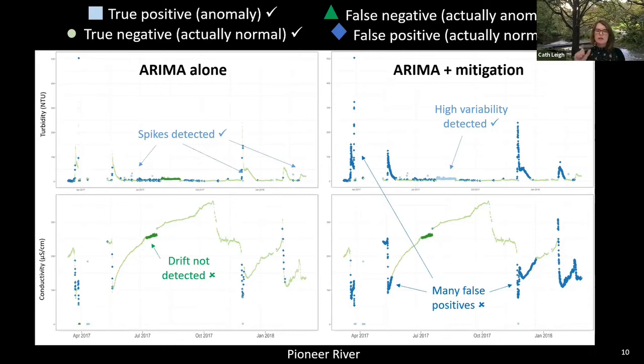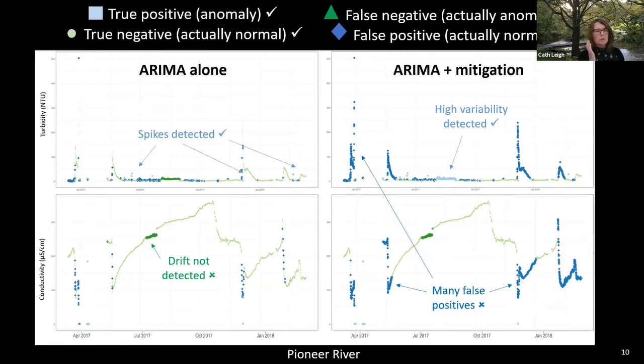This is an extra step that can be implemented with ARIMA or with any of these regression methods, whereby if the detection method picks up an observation and classifies it as an anomaly, it will not use that previous anomalous data point for forecasting the next one. It will use the most recent previous non-anomalous data point for forecasting. So that's the difference between these two methods.